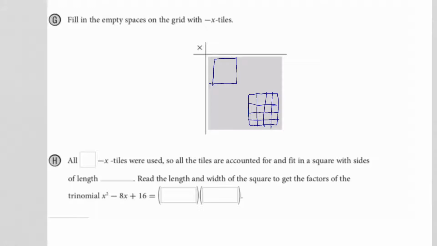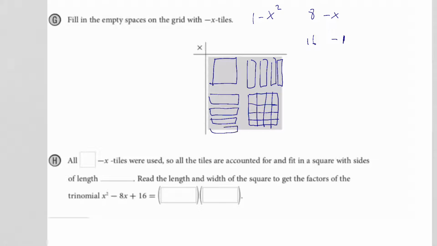And now I've got to fill in all the empty spaces. I've got an x squared. I should have 8 negative x's, and I should have 16 individual unit tiles, unit of 1. So then this should work out to where we got 1, 2, 3, 4, and 1, 2, 3, 4.